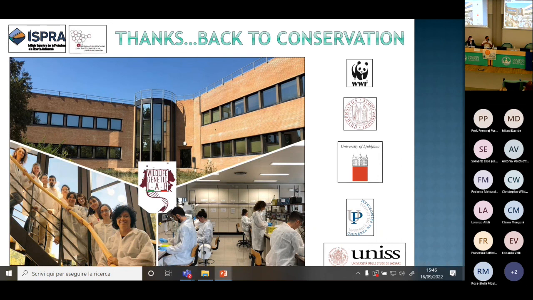However, it is a challenging topic because, dealing with threatened taxa, living taxa, it is difficult to obtain really fresh samples from living animals.